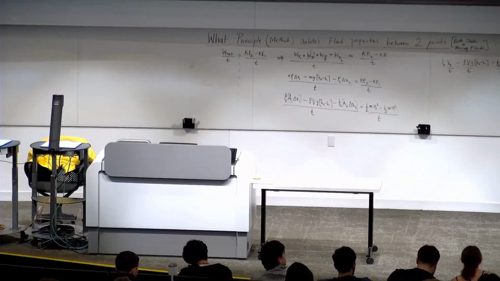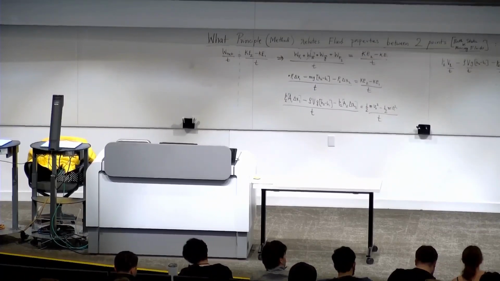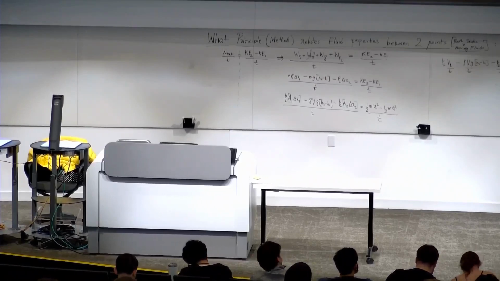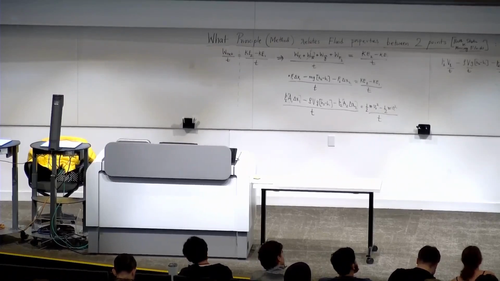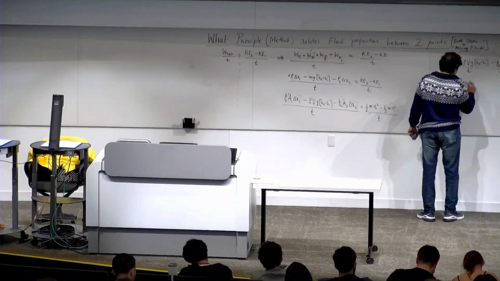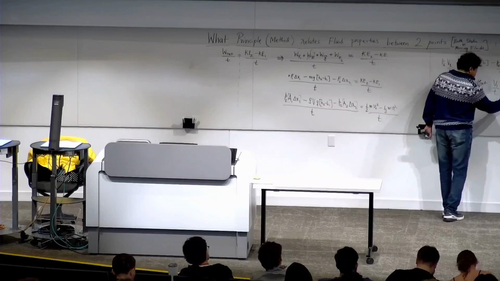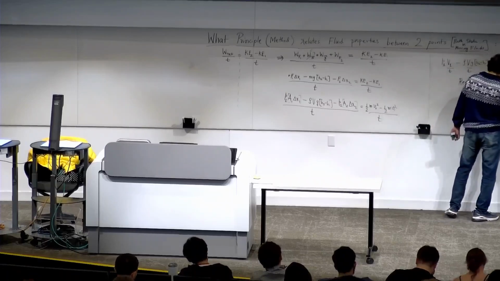That means V1 over T is equal to V2 over T is equal to any V over T. Consequently, we can just divide by V over T, and V over T will disappear from this equation. Bernoulli's equation has no volume ultimately. There is no flow rate involved in Bernoulli's equation, and that is because V1 over T is equal to V2 over T is equal to V over T.